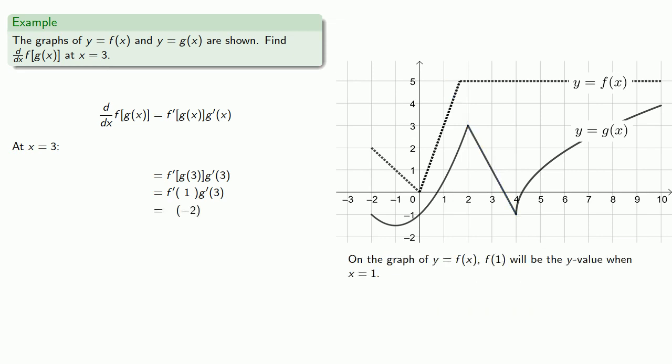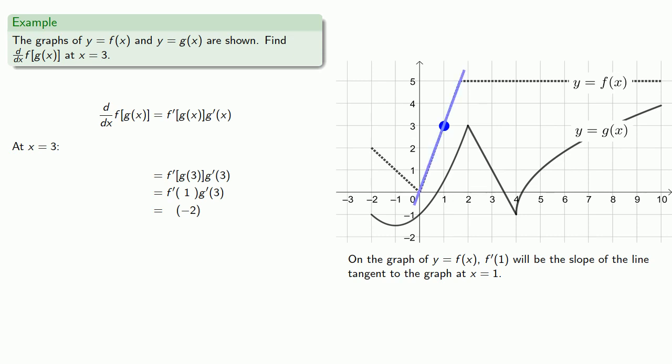On the graph of y equals f of x, f of 1 will be the y value when x equals 1. But we don't actually need this value, so we won't worry about it. However, we do need the value of f prime of 1, so on the graph of y equals f of x, f prime of 1 will be the slope of the line tangent to the graph at x equals 1.